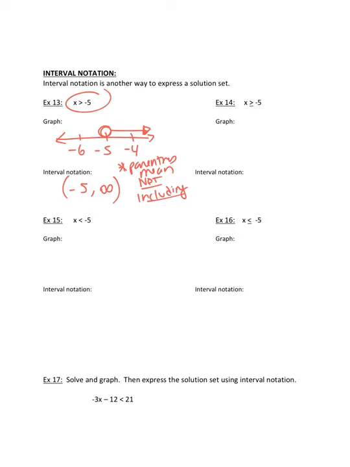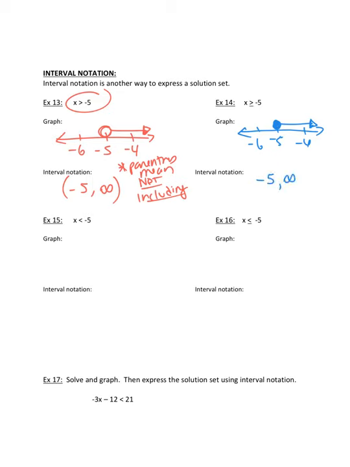Now if you contrast this example with example 14, which is x is greater than or equal to -5, on a number line, that graph is the same except you are including -5. So the -5 gets colored in, and it's still anything greater than -5, but this time or equal to -5. In interval notation, that's still going to be -5 to infinity.